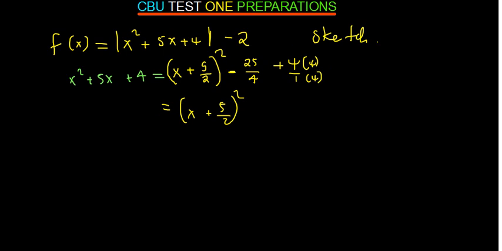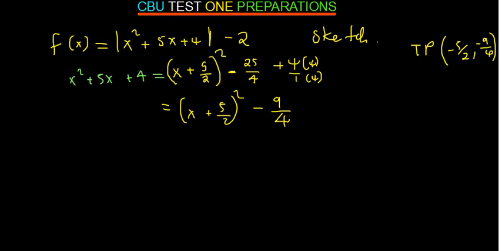Any quick mathematician? Is it negative 9 over 4? Yes, negative 9 over 4. So the turning point for this graph, look at this value here, change its sign. So it will be negative 5 over 2, comma, and the y value, don't change its sign, negative 9 over 4.